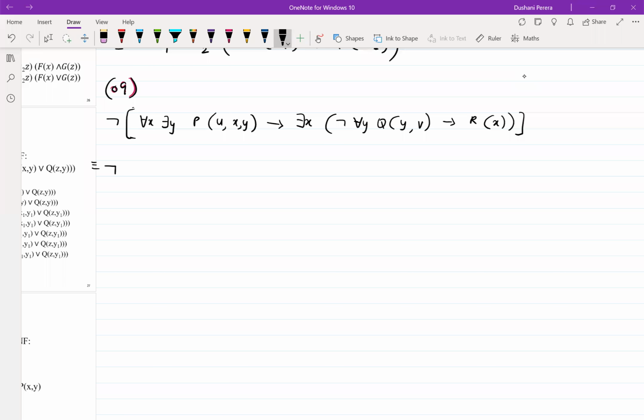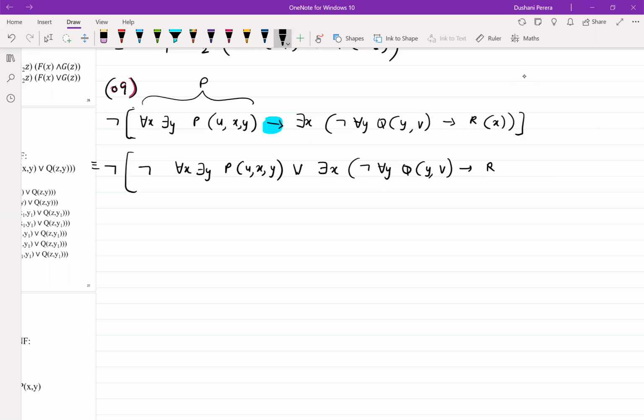This part becomes P and the rest of it becomes Q. Therefore, I have negation P or Q. Now I'll put this negation inside.